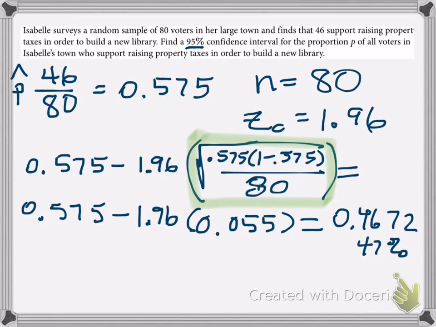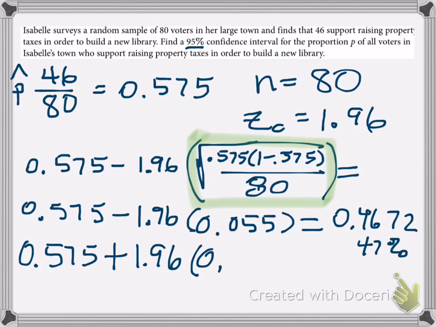If I change it to percentage, I'm not going to do this all over again. I'm just going to go 0.575 plus 1.96. So I'm using the same thing, and I'm using the same value, 0.055, that I figured out on my calculator. And then I'm going to go ahead and compute that.